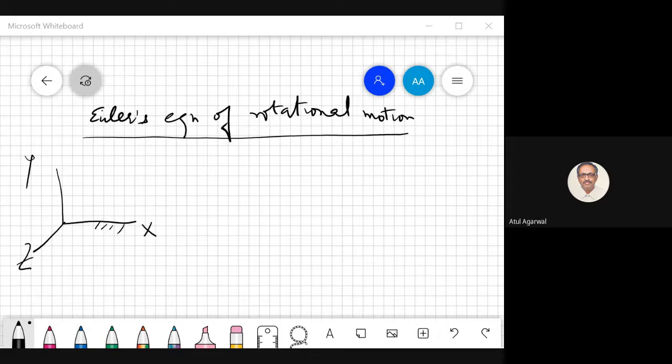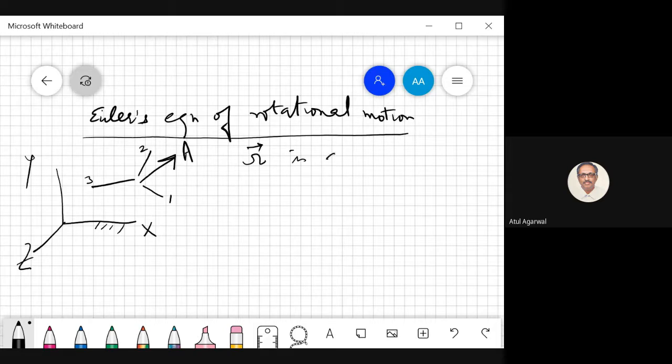So we have a vector A. So we are measuring this vector from the 1 to 3 coordinate system. Now this coordinate system 1 to 3 has an angular velocity omega.